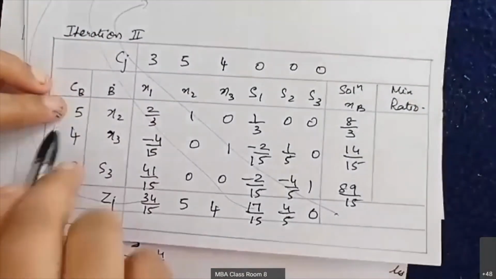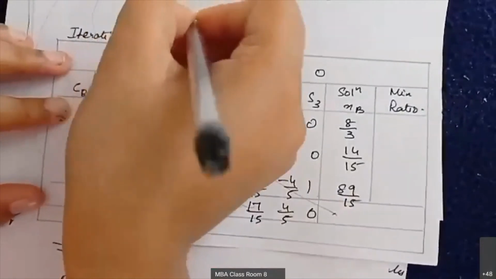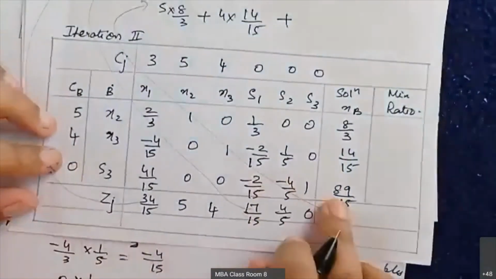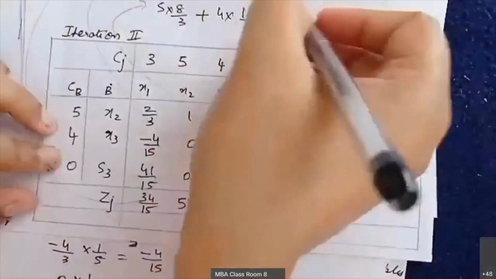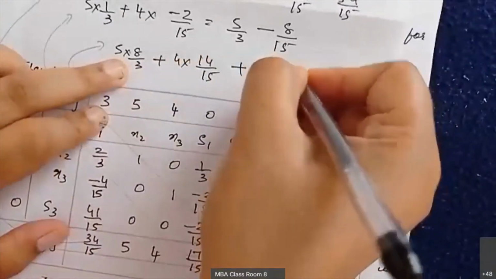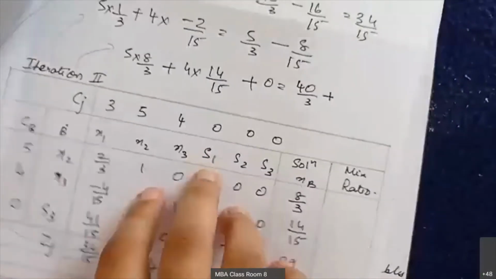So I am taking over here 5 into 8 by 3 plus 4 into 14 by 15 plus 0 into 89 by 15, no use, so I am writing it as 0. Here I have 5 into 8 by 3, that is 40 divided by 3, plus 14 into 4. How much is 14 into 4?